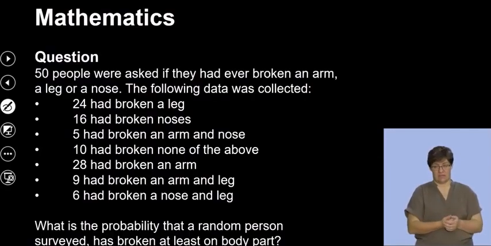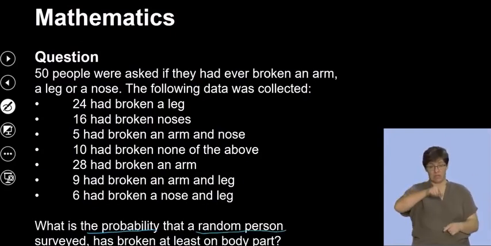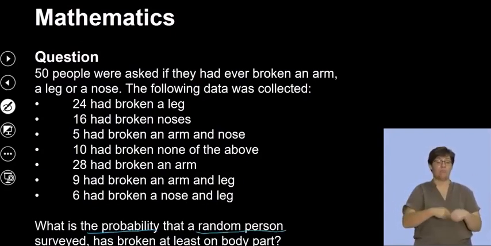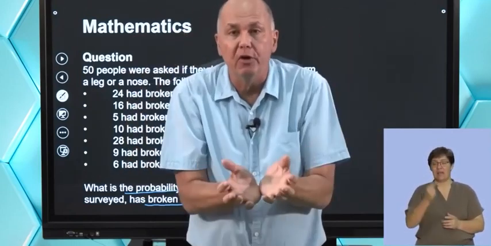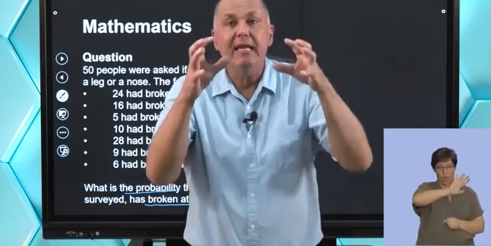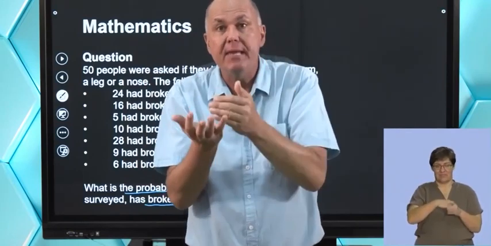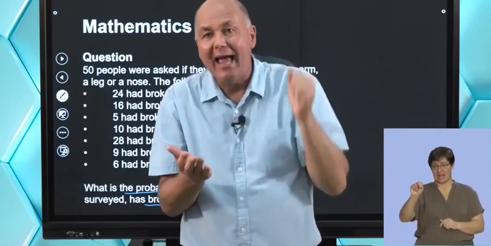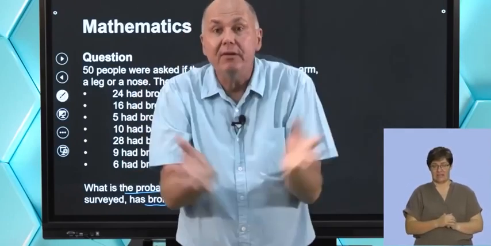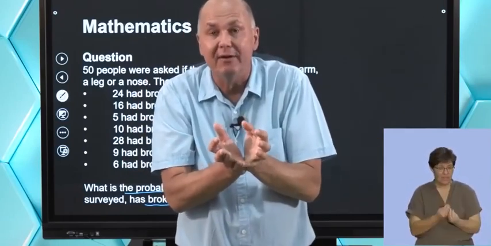Right. Have a look at this. The probability that a random person that has taken the survey has broken at least one body part. Guys, this terminology, at least one, means that you have to consider all of those that are in the sets A, B, N, L, and A. So it's everything that's in that Venn diagram.